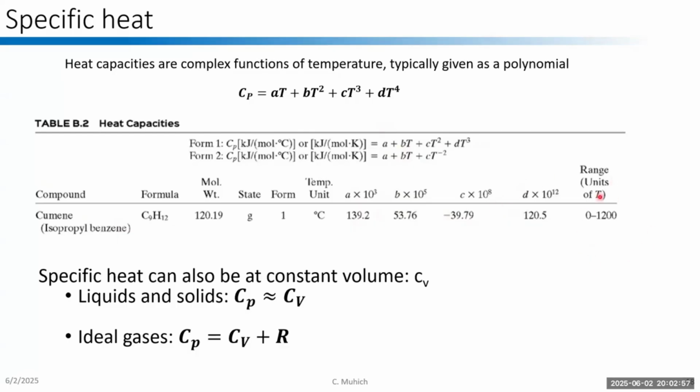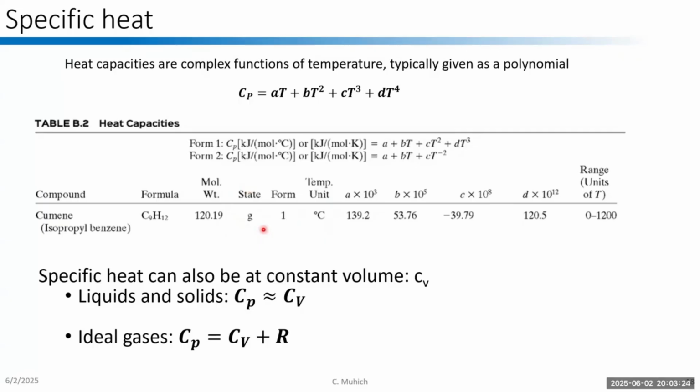And then they'll often state what the units would be, right? So these would be an okay set of parameters to use over, in this case, from 0 to 1200, and in the units of Celsius. When you're reading these tables, always make sure that you're paying attention to what state you're in.